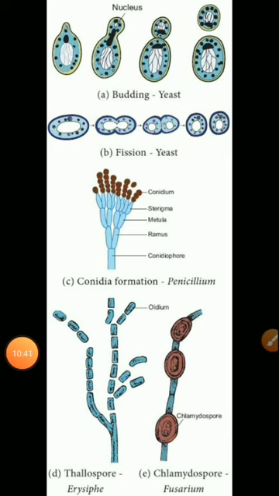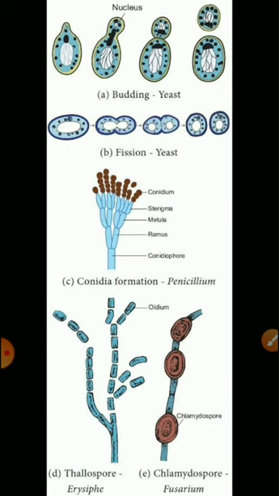Come to the last type of spore, that is chlamydospores. These are resting spores with thick and resistant covering to survive in unfavorable conditions. These are formed from hyphal cells.